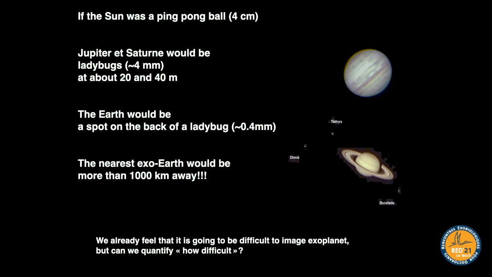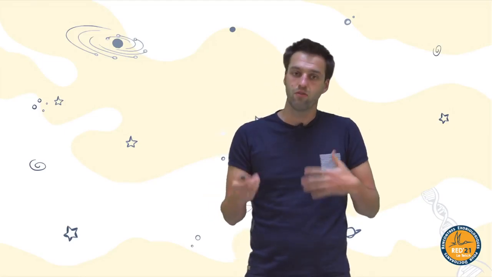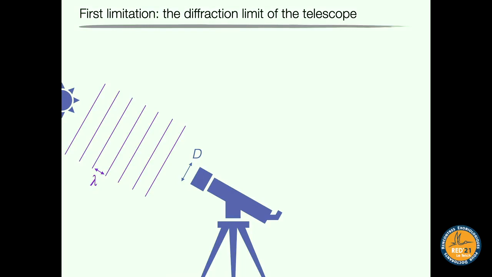We feel from these numbers that it's going to be really difficult to image an exoplanet. But can we quantify how difficult that would be? For this, we have to understand there are a few limitations to imaging other planets or imaging objects in general. The first limitation is what we call the diffraction limit of the telescope.